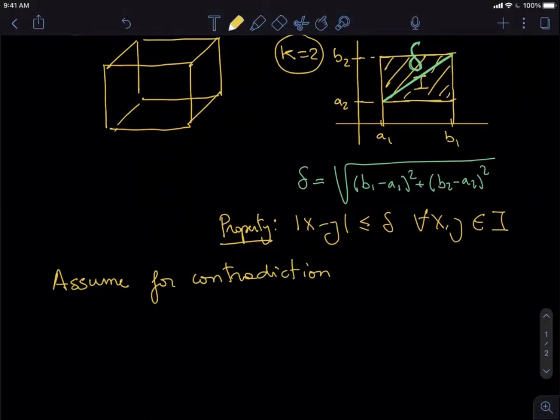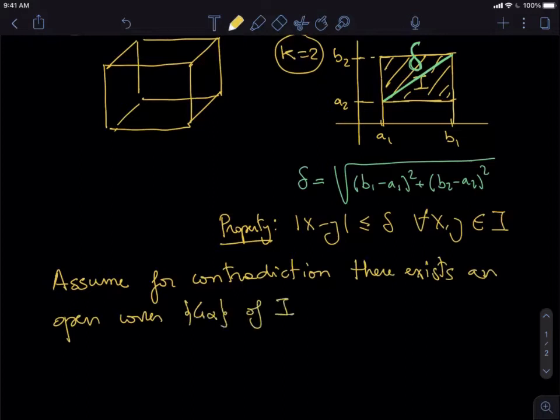Not compact means that there exists an open cover G alpha of I with no finite subcover.